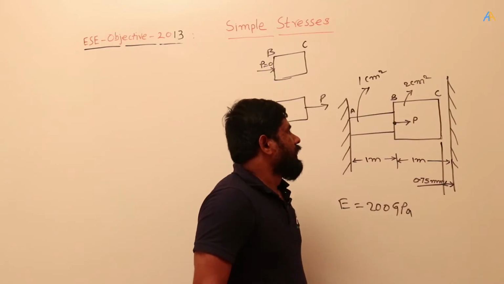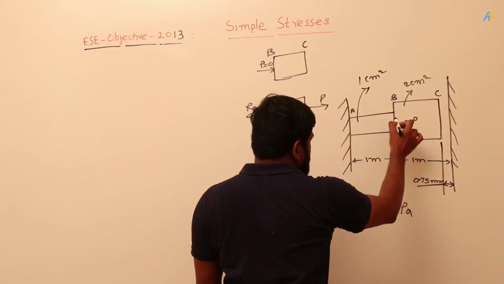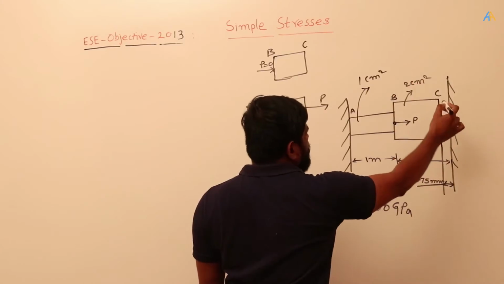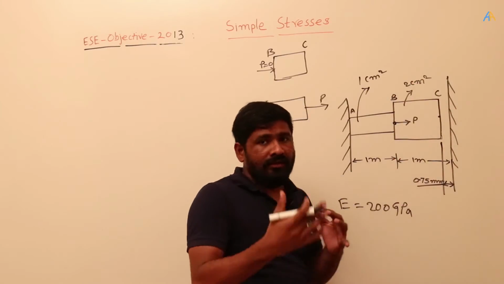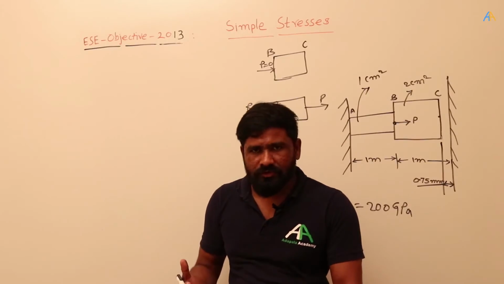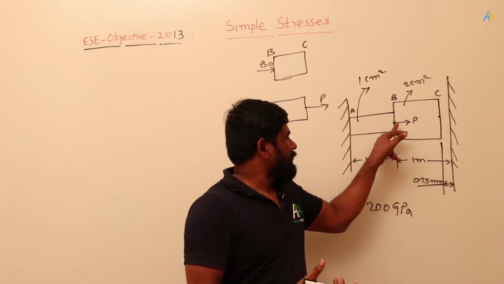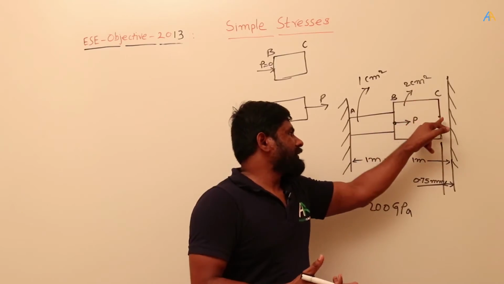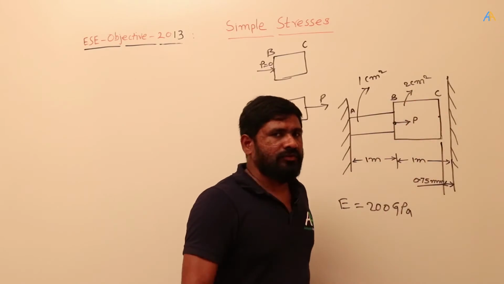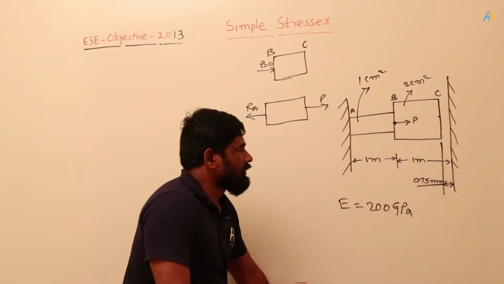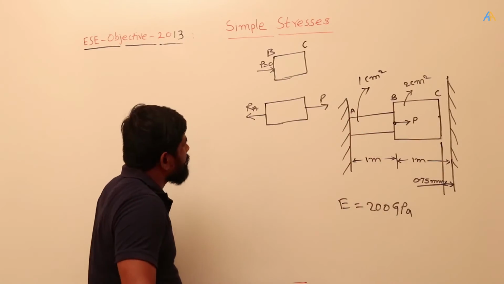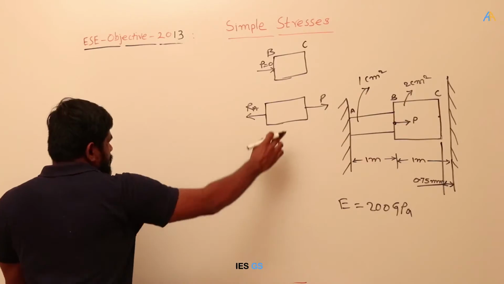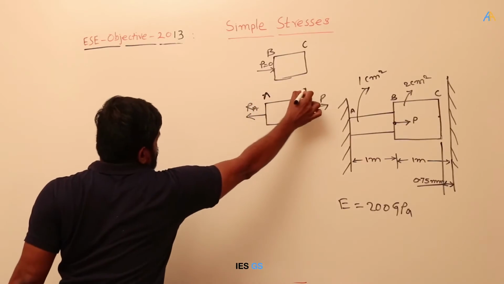Instead of applying this force P here, if I apply the force P at the section C, then there is an elongation in the BC also. Understood? Instead of applying at B, if I apply at C, there is an elongation. You remember that. But here in this case there is no elongation in BC, that you need to identify. So here there is elongation only in the AB.